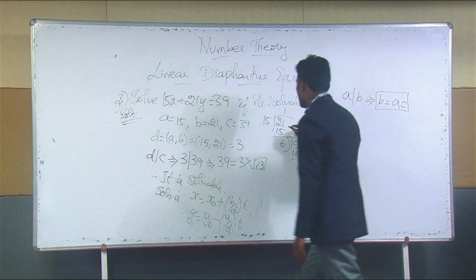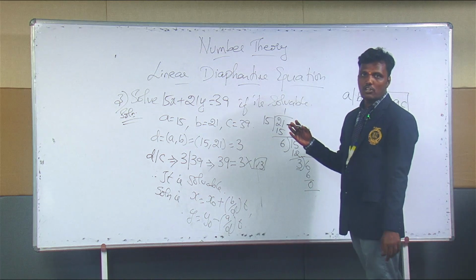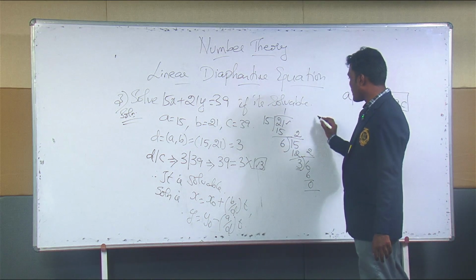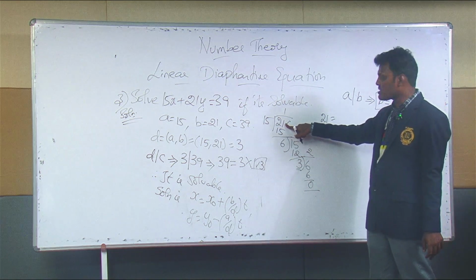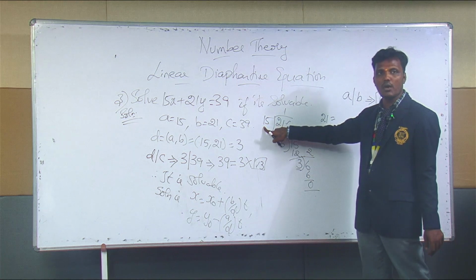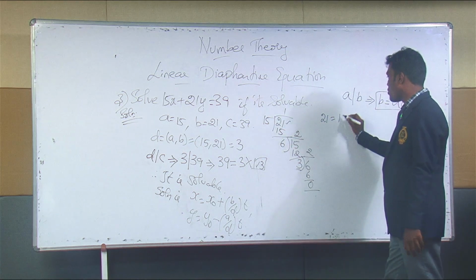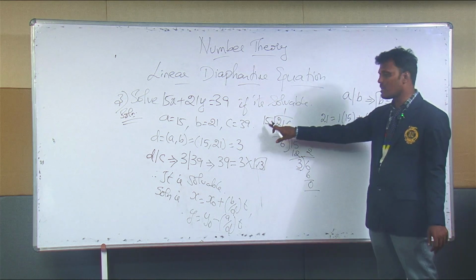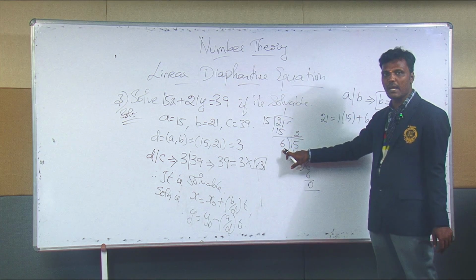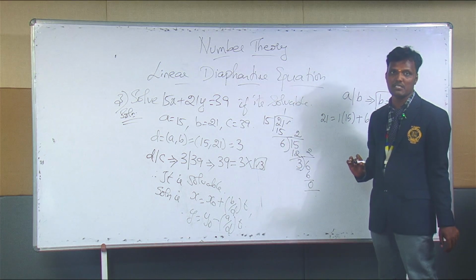You already know the division algorithm, right? So you can write this 21 as quotient into divisor plus remainder. So 1 into 15 plus 6, quotient into divisor plus remainder. This is how 21 can be expressed.